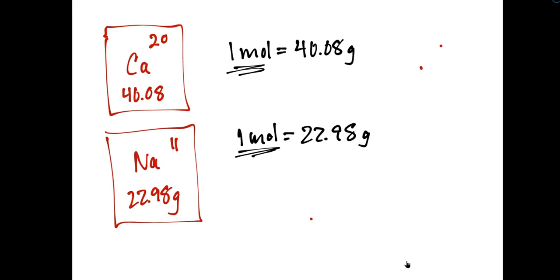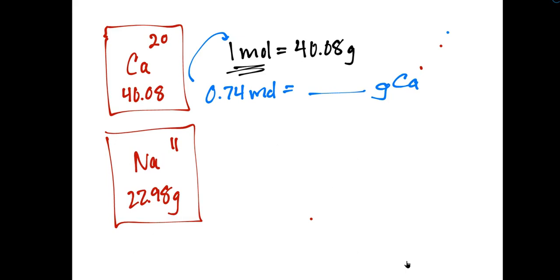What if I had, for example, 0.74 moles? And the reason we're doing this is because even if you don't know what moles are, you still do this because you know conversion factors. So how many grams of calcium do you have? Clean up. Here we go.